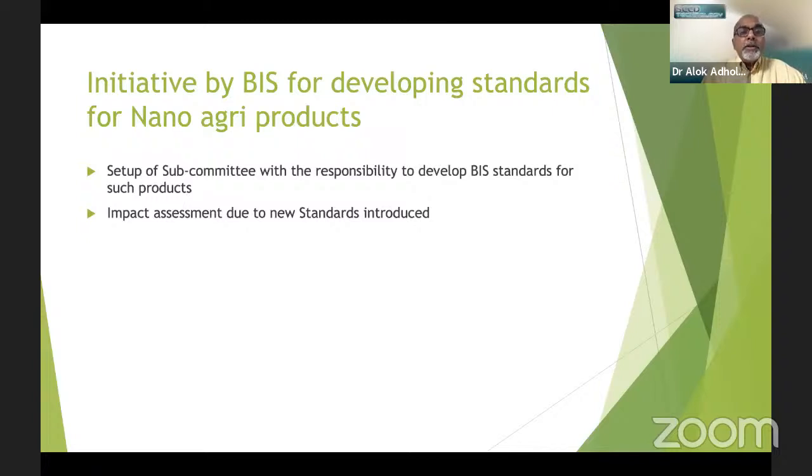Now, keeping in view that the regulatory framework, the policy framework, as well as the standards which are coming up in India, they are moving towards the different regulators to help them with enacting the proper technologies.